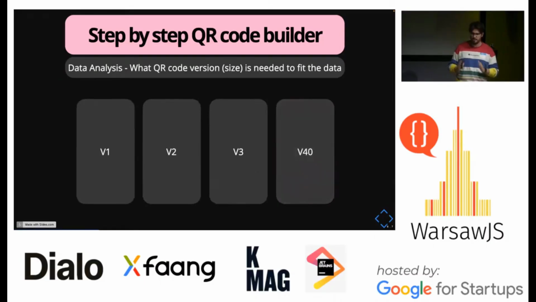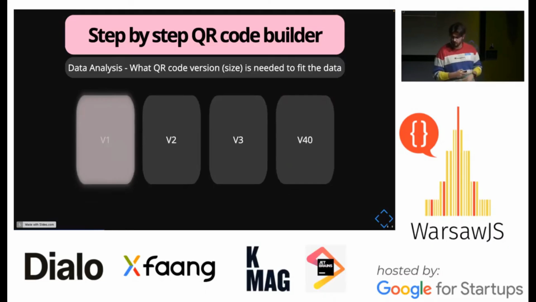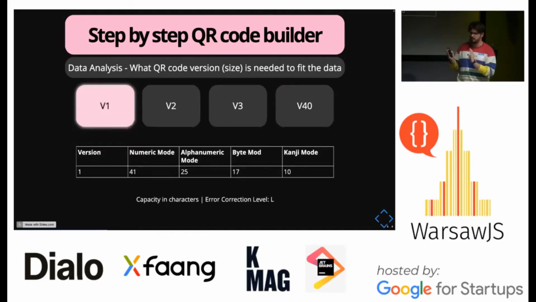Then we have to choose the version of the QR code. The version means the size and how much data we can save into the QR code. Versions go from version 1 to version 40. In version 1, we can save up to 25 characters in alphanumeric mode. In byte mode, that's just 17.